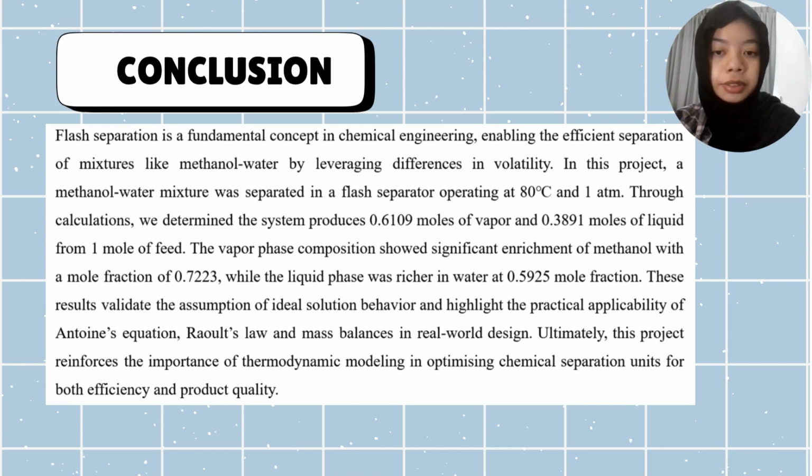Through calculations, we determined the system produces 0.6109 moles of vapor and 0.3891 moles of liquid from 1 mole of feed. The vapor phase composition showed significant enrichment of methanol with a mole fraction of 0.7223, while the liquid phase was richer in water at 0.5925 mole fraction.